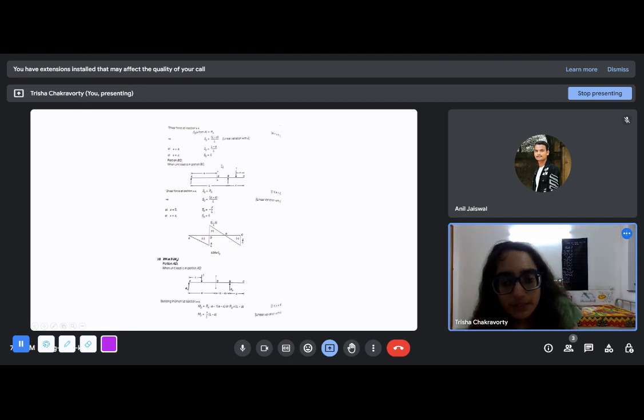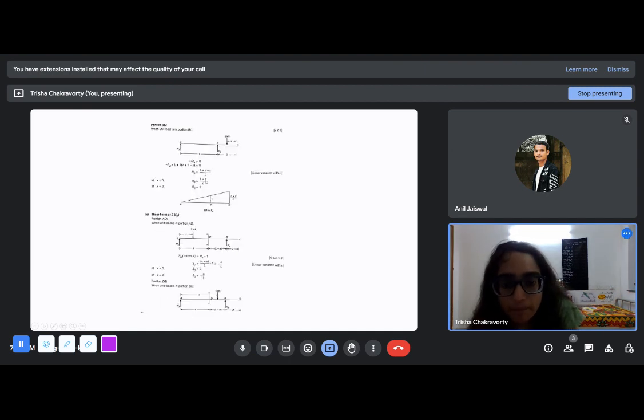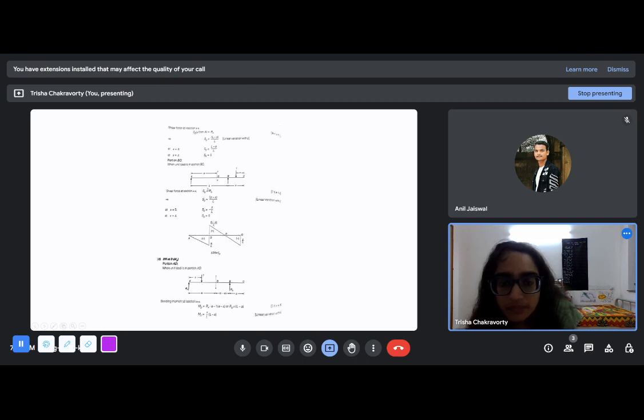So though SD is RA, whether you are in this zone or this zone, the expression of RA itself varies.